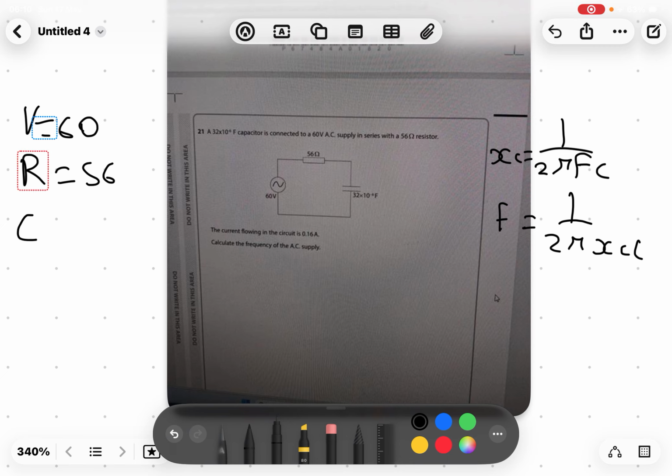We have the capacitance, which we'll just put as this for now, 32 times 10 to the power minus 6. And then we have the current, which is 0.16. And we're asked for the frequency.